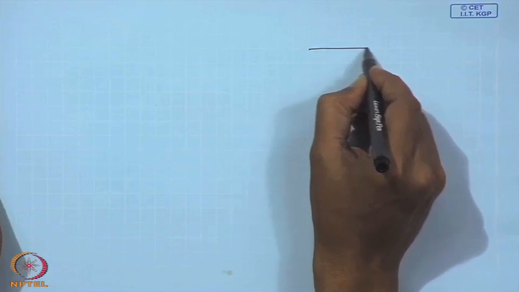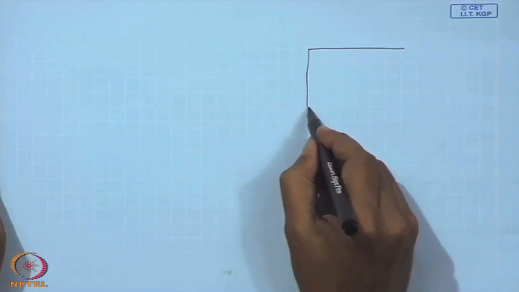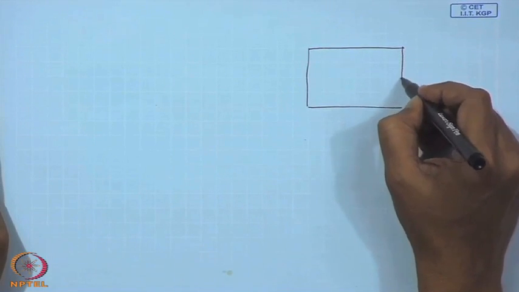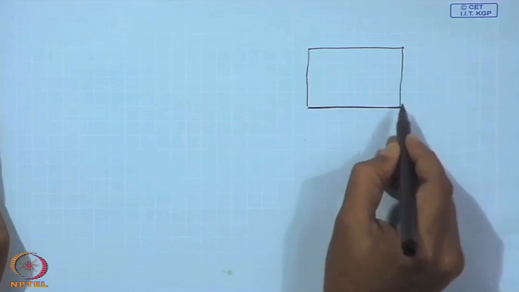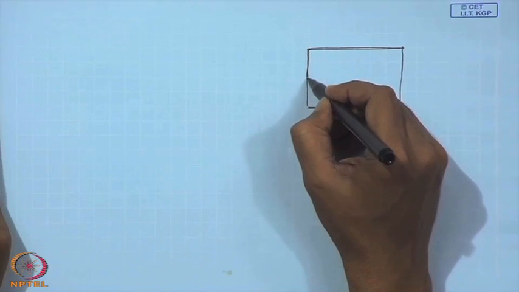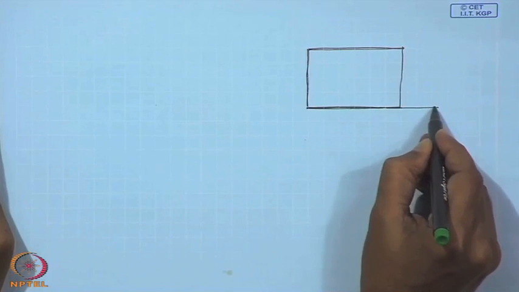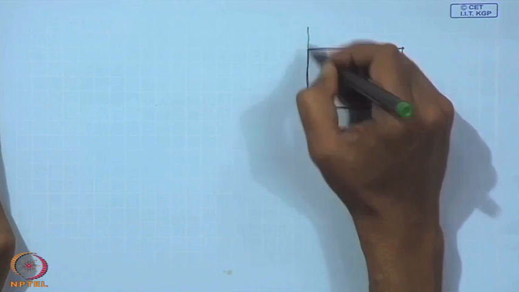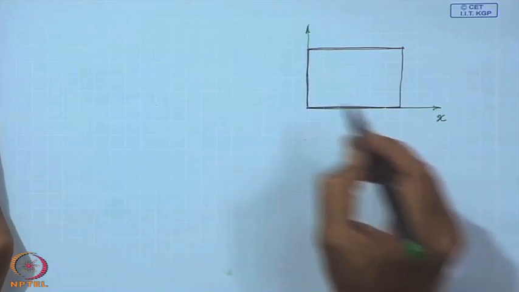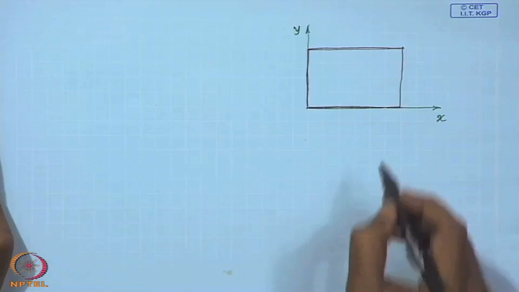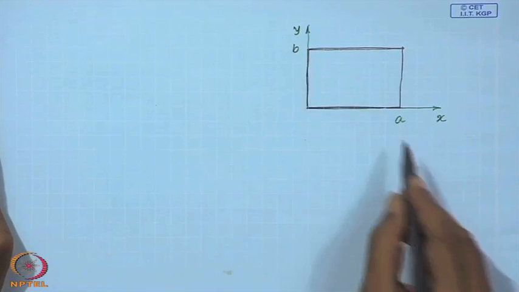So, on two edges we consider simply supported edges, and the other two opposite edges we will consider as clamped. So, let us consider this plate.